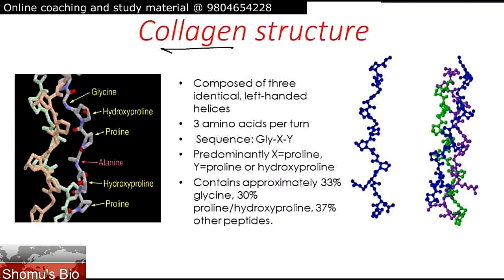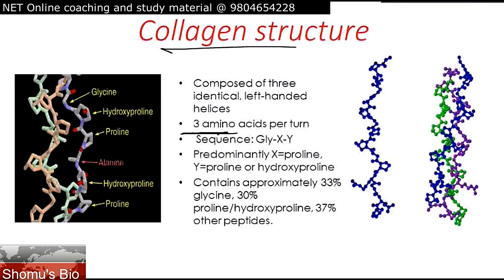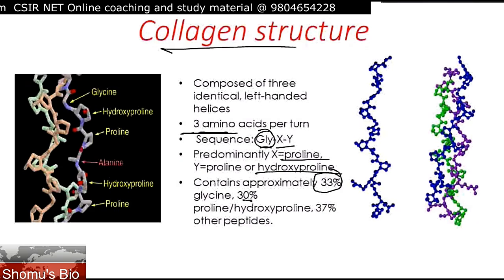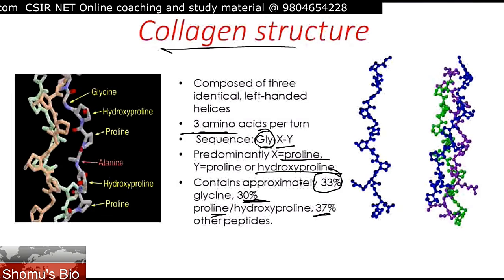Okay, so collagen is composed of 3 identical left-handed helices, and in the turn they only have 3 amino acids, and the sequences are glycine, proline, hydroxyproline. So glycine, X is for proline, Y is for hydroxyproline. So they contain approximately 33% glycine, 30% proline, and 37% other peptides.